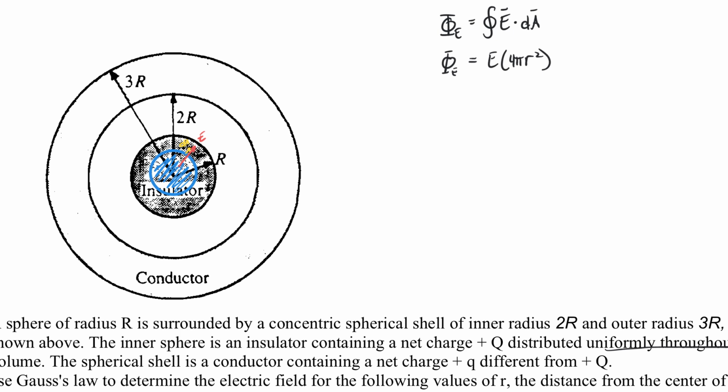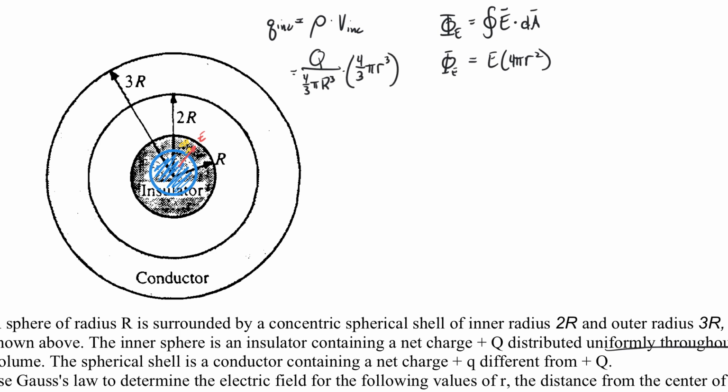At the same time, our Q enclosed is a little weird because we're not enclosing the whole sphere, so it's going to be the charge density of the sphere times the volume enclosed. So our charge density is Q over 4/3 pi R cubed, and our enclosed volume is 4/3 pi r cubed.